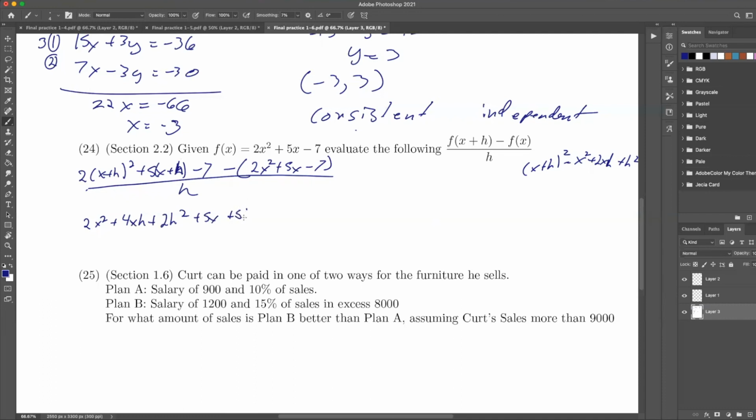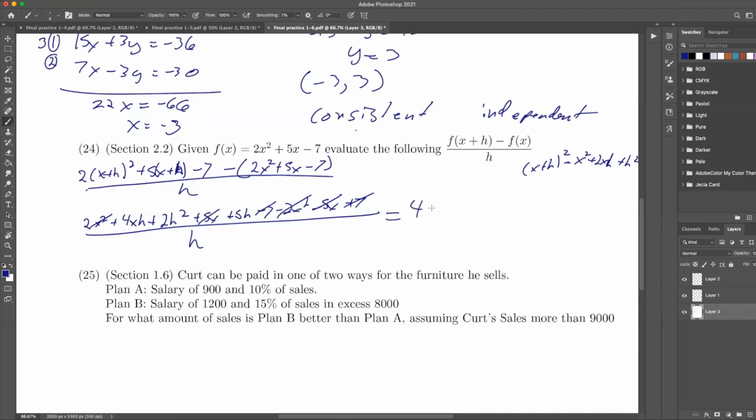Just distribute that. H minus 7, distribute this negative, so it'll be minus 2x squared minus 5x plus 7, all divided by h. And if you did this correctly, a lot of the things should cancel. This cancels this, this cancels this, and so you should be left with things only in h.